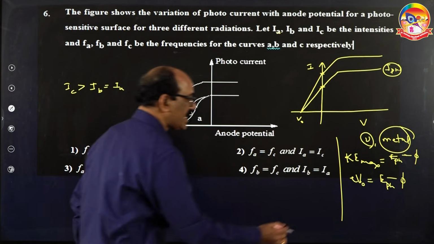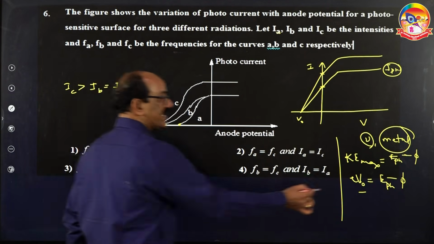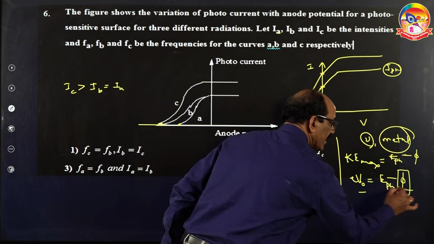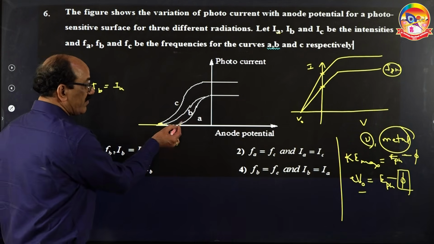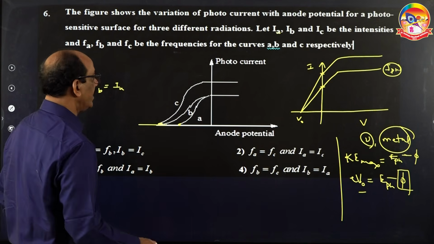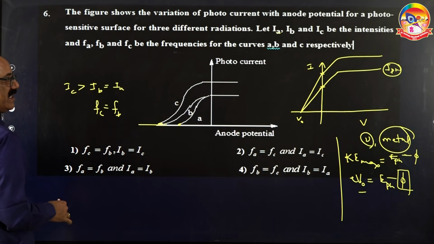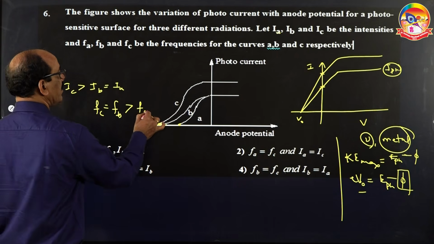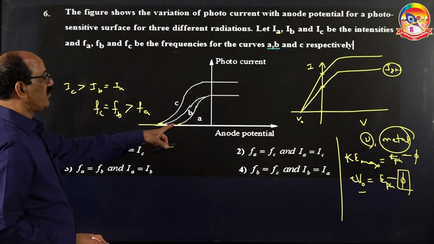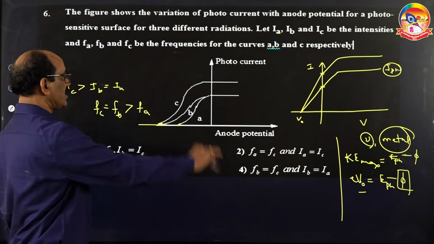Stopping potential is the same in the sense, so we can say for a given metal phi is constant, but we must have increased the frequency of the incident radiation compared to A. So frequency of C is equal to frequency of B, but that is greater than frequency of A. Why? Because the maximum kinetic energy of the photoelectrons emitted in case of the radiation A is less, the stopping potential is less.